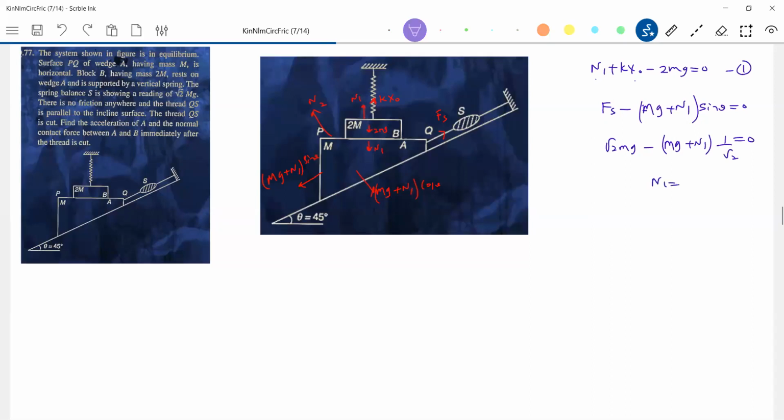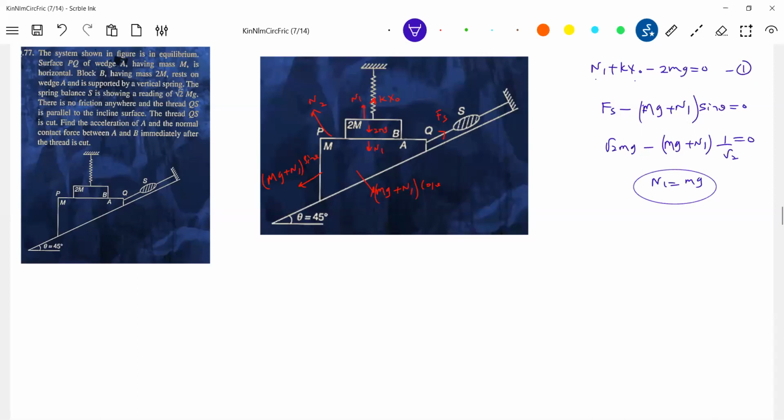So N1 equal to mg. If N1 equal to mg, let me substitute this from equation 2 in 1. So N1 plus kx naught, N1 is mg, no?